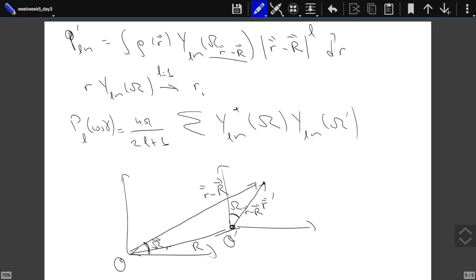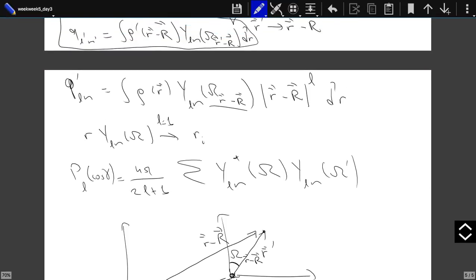The solid angle in one reference frame to the solid angle in the other reference frame. That is what we should somehow do. Even if it is not this one, this is the angle of the point in the other reference frame, which depends on the angles in this reference frame. So I should be able to write those solid angles.